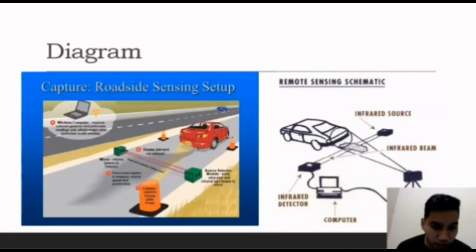Lastly, after the camera has captured the license plate image, it will send the data to the computer, and then the computer will receive the exhaust gases and particulate reading and the vehicle evaporative emission level remotely.